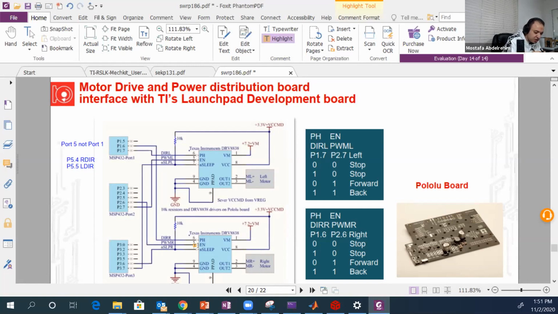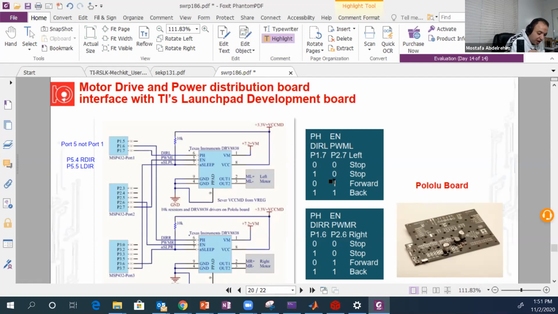And this is summarized here in these two tables. So for example, for the left motor, pin 1.7 is actually pin 5.5. Just forget this for a moment. I don't know how to correct it, but anyway, this should be pin 5.5.